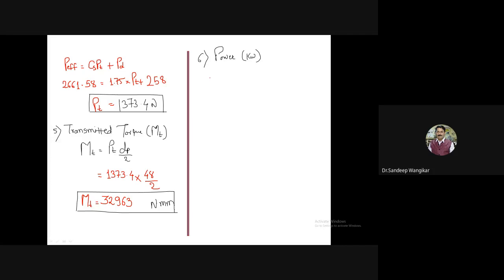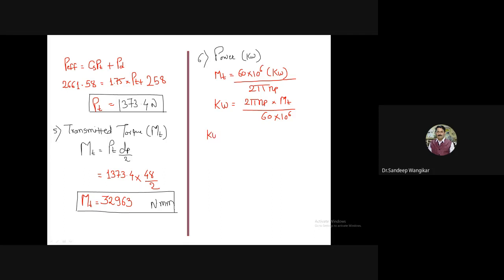So here I will write down the formula we have: MT is equal to 60 into 10 raised to 6 kilowatt divided by 2 pi NP. Therefore, kilowatt is equal to 2 pi NP into MT divided by 60 into 10 raised to 6.